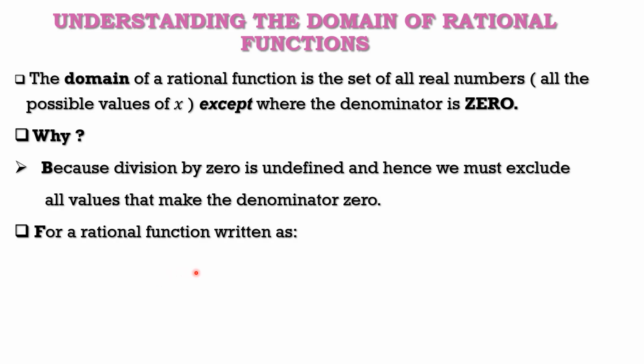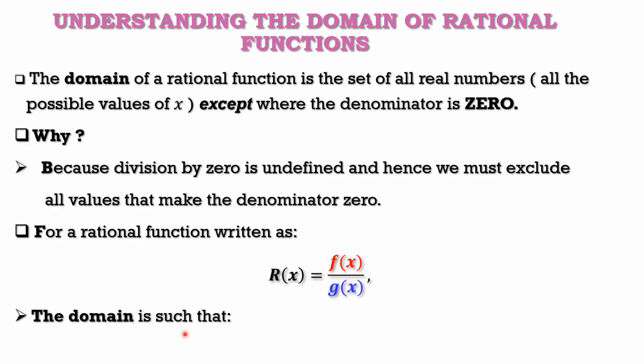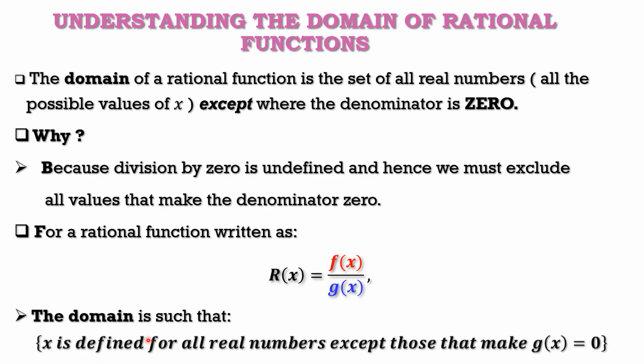Now, for a rational function written as r of x equal to f of x divided by g of x, the domain is such that x is defined for all real numbers. This x that you see in the rational function is the input value and also the independent variable.